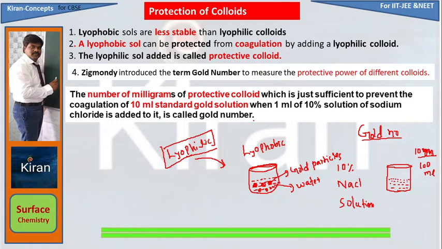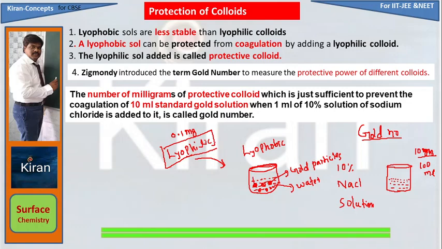So for example, I added 0.1 milligram of one third compound. When 0.1 mg of this component is added to the lyophobic solution, colloidal particles will not settle down at the bottom of the container.